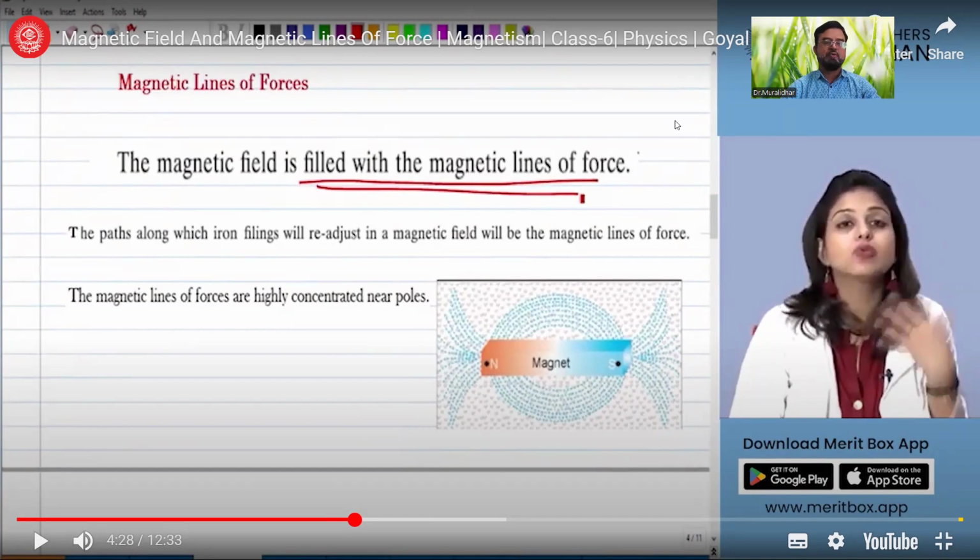The magnetic lines of force are highly concentrated near poles, means they are more at poles compared to the body of the magnet. Please note down this as second point. So first you wrote about magnetic field, now about magnetic lines of force. The two important points we are discussing today. Explanation you can see and I'll explain later after the video.